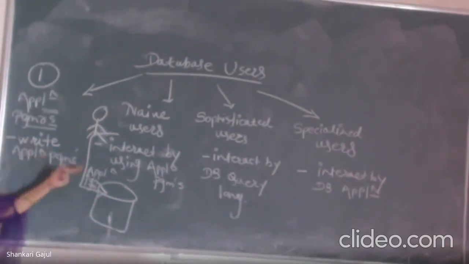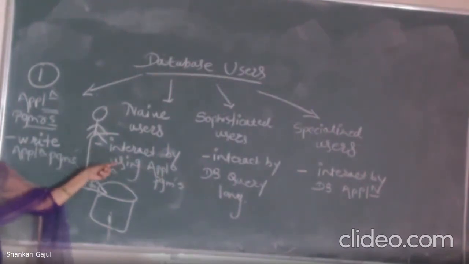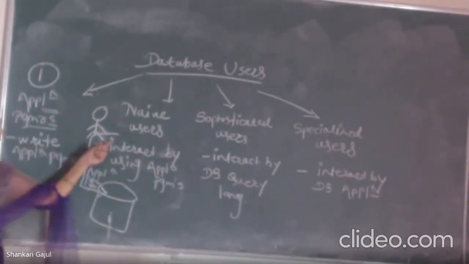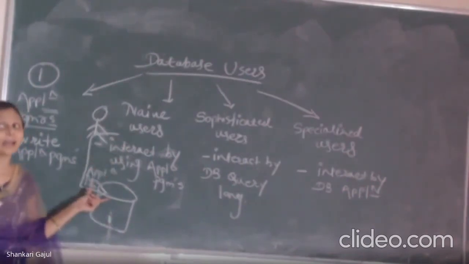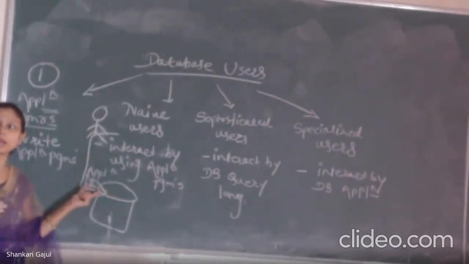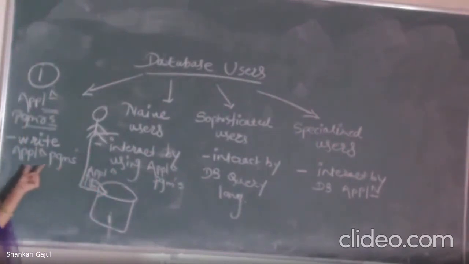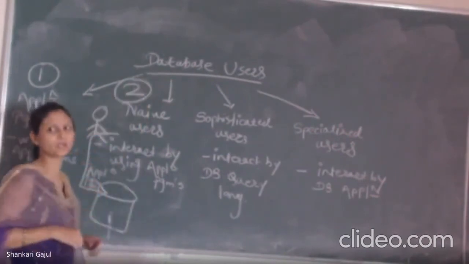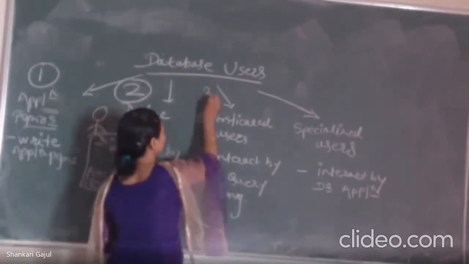So this is the main difference between the application programmer and the naive user. The application programmers are not interacting, they are just writing the application program. The naive users are not writing, but they are interacting with the help of the programs already written by the programmer. Okay. So this is the main difference. This is the second user.